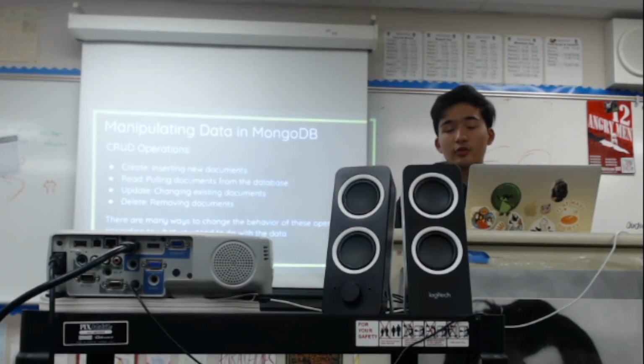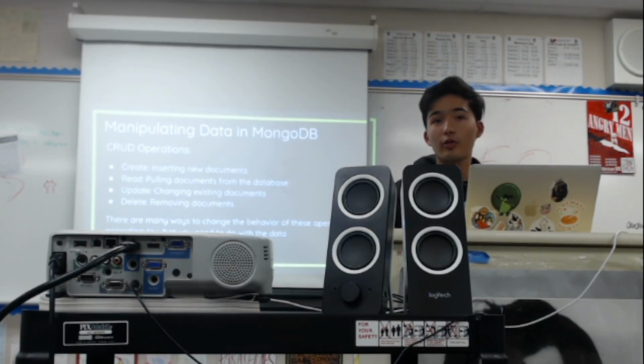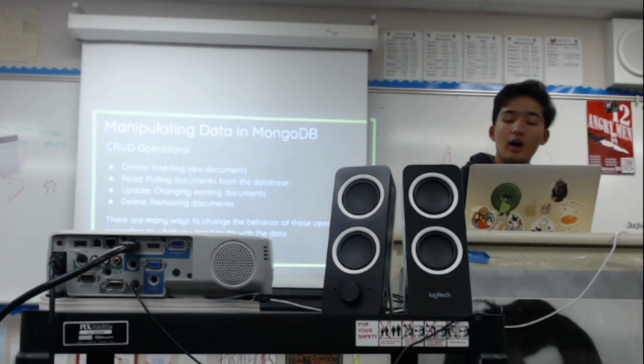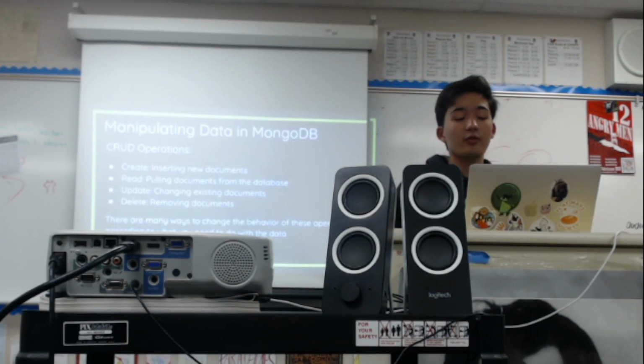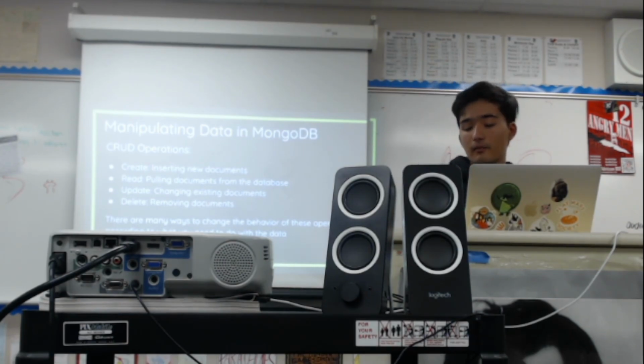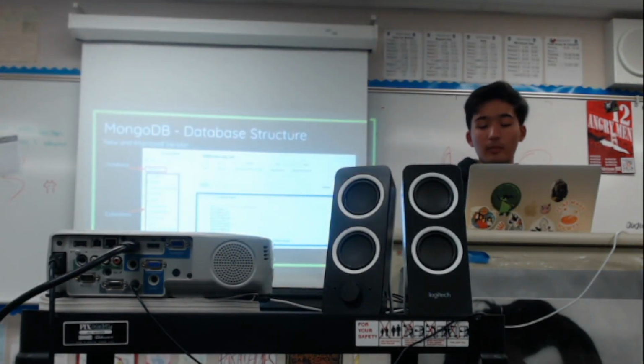This is very specific to what we do with MongoDB, even more so than the rest of the presentation. You can look at this, though. We create, read, update, and delete documents all the time when doing this. This is just a little bit more of a look at the database.